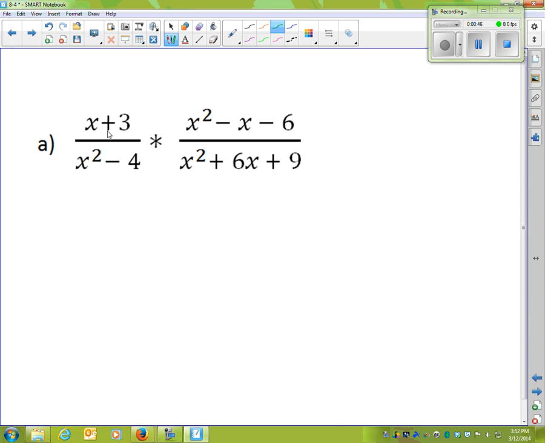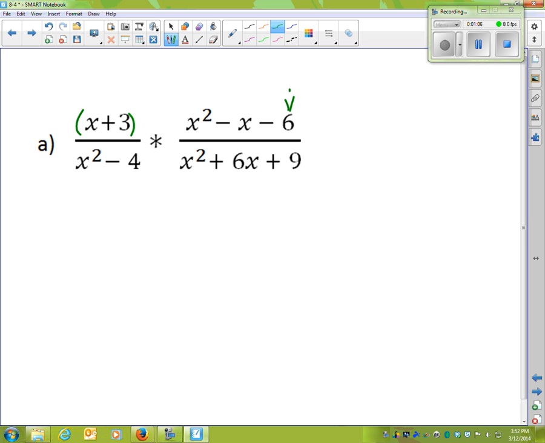I've got my numerator, x plus 3. There's nothing I can factor out of it. The x squared minus x minus 6, it's a trinomial, and I can factor. My lead term is a 1, so I'm going to go 1 times negative 6.